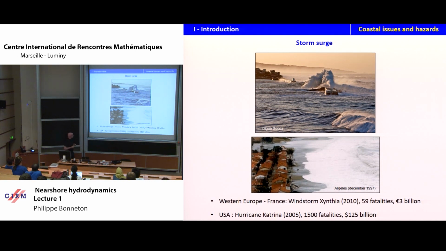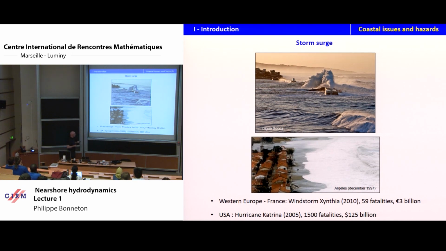In Western Europe, and especially in France, the windstorm Xynthia in 2010 caused 59 fatalities and 3 billion euros of damage. So very, very severe consequences.